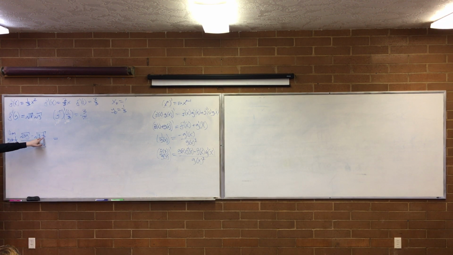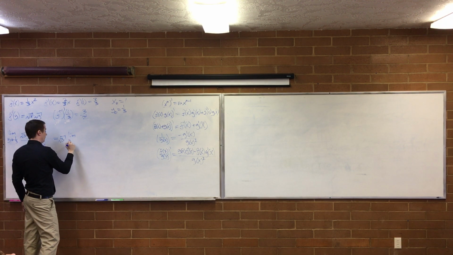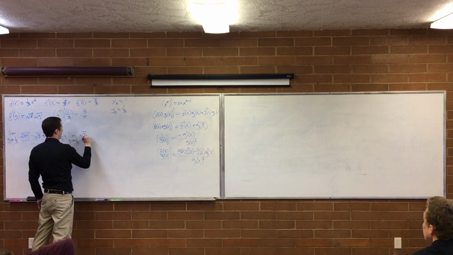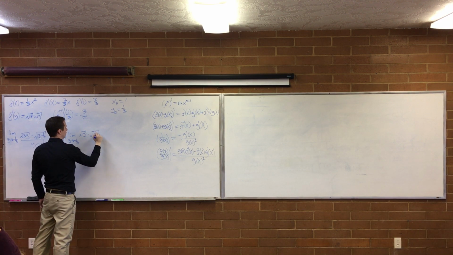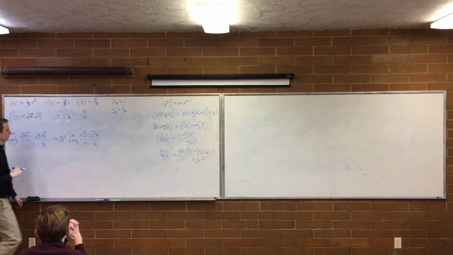We don't want to make this a 1, because when we look at this as a difference of squares, it's going to have a square root of 1/3 in it. So I got square root of 3 times the limit as y approaches 1/3 of the square root of y minus the square root of 1/3 over y minus 1/3. Any confusion about that?